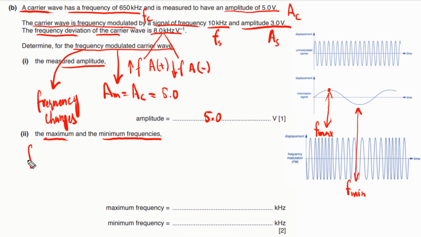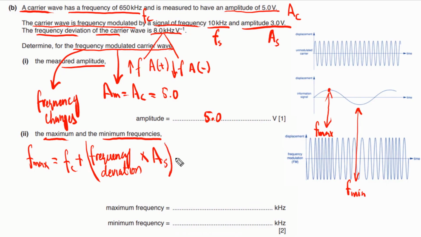So we can simply write down the maximum frequency. This is equal to the frequency of the carrier wave plus the frequency deviation multiplied by the amplitude of the signal. If we plug in values, we can find our final answer.